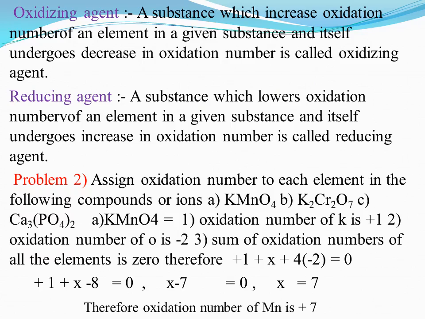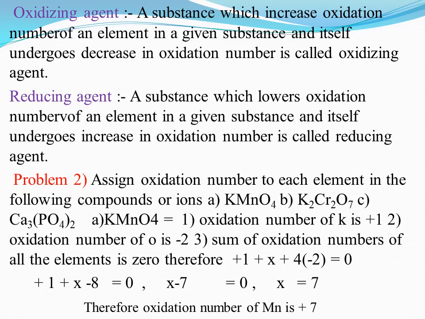Next, oxidizing agent. A substance which increases the oxidation number of an element in a given substance and itself undergoes decrease in oxidation number is called oxidizing agent. Next, reducing agent. A substance which lowers the oxidation number of an element in a given substance and itself undergoes increase in oxidation number is called reducing agent.